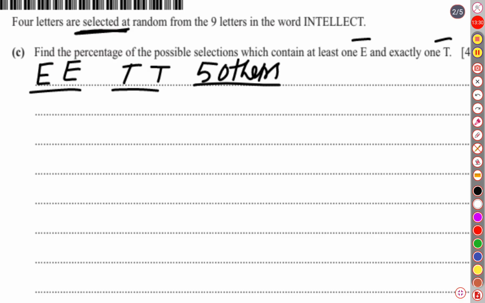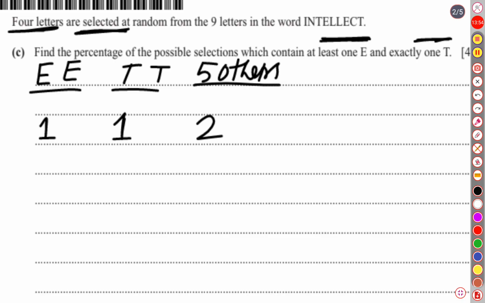They have told at least one E. Let's take one E. And exactly one T. So the number of T's cannot vary in different cases. So one E. If we choose two letters from these four, and totally there will be four letters, so from the remaining letters, we'll have to pick up two more.